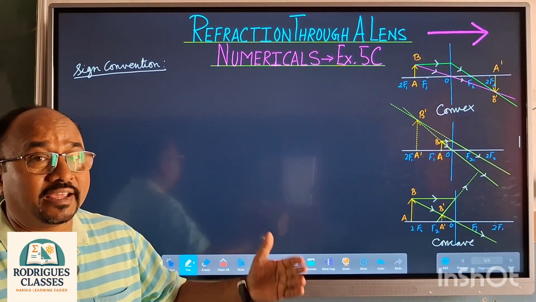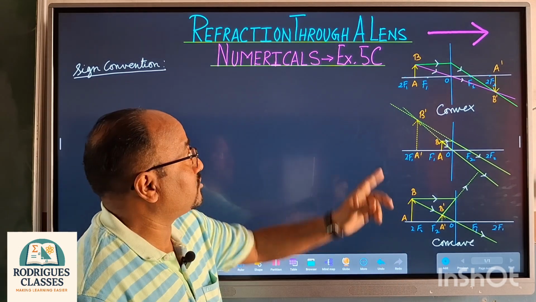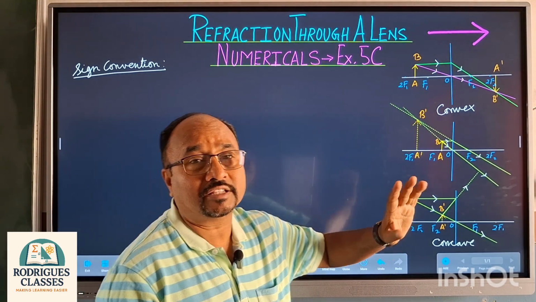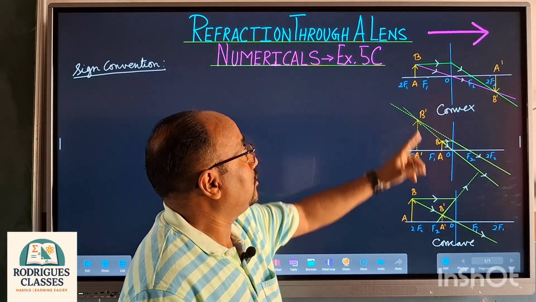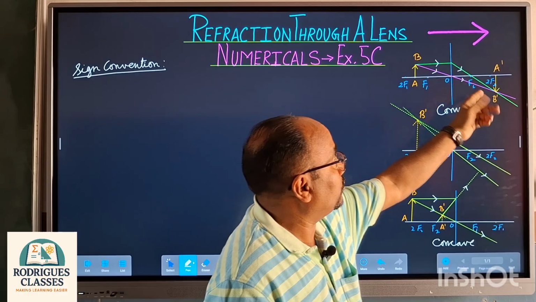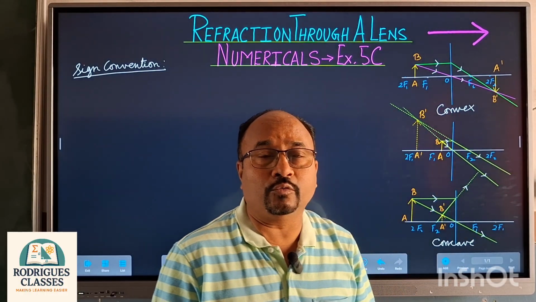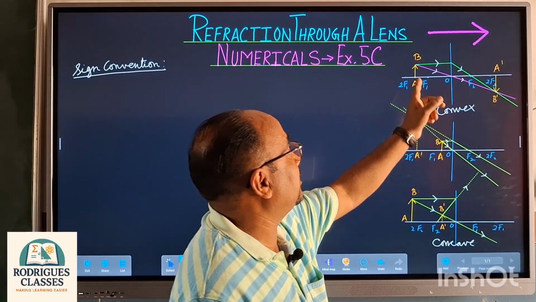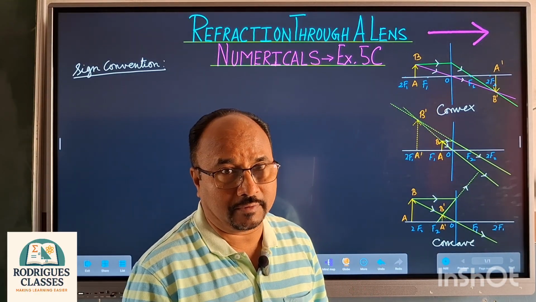I have taken three specific ray diagrams. The first ray diagram is about a convex lens where the object is between f1 and 2f1. You know the way to draw the diagram, and then you get a real image formed beyond 2f2, where the size of the image is bigger than the size of the object, and an inverted image is formed.